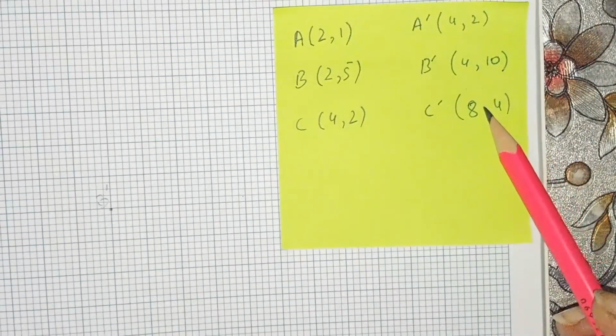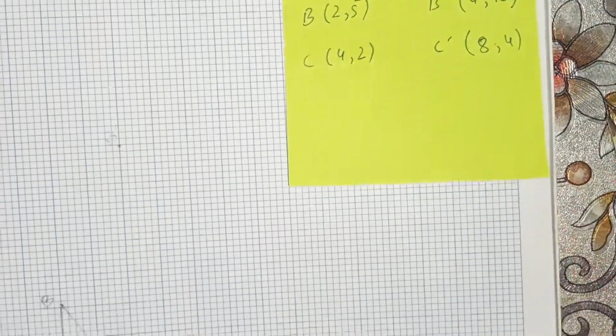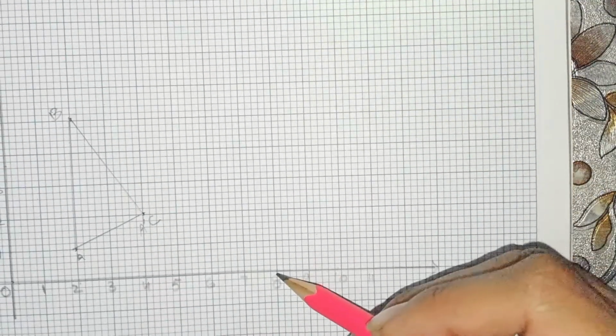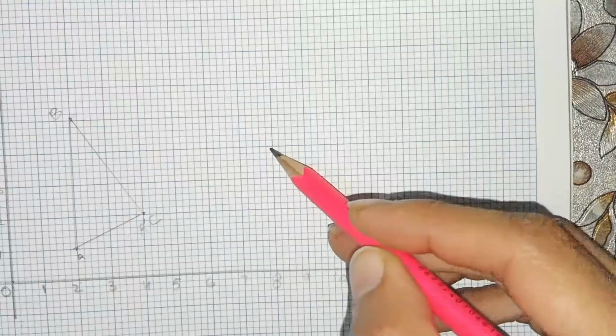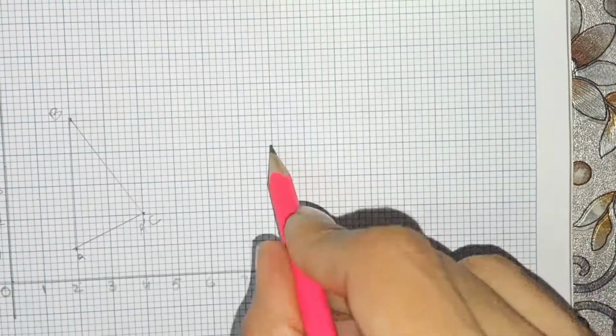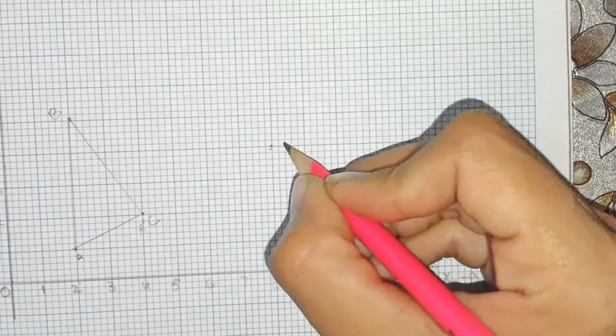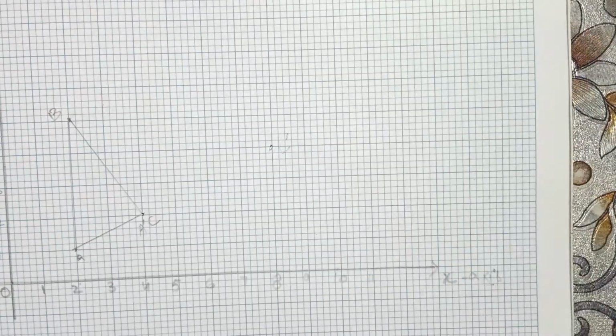And now C prime. C prime is (8, 4). This is 8 and this one is 4. Now we join these points.